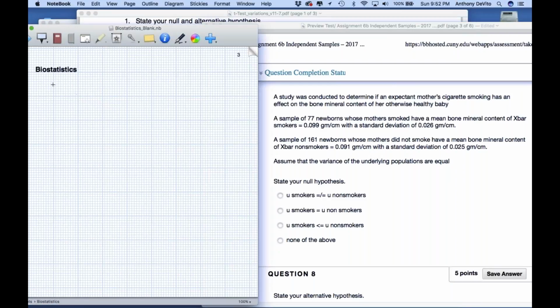Okay, so I got sample 1, right? So x bar 1, I got standard deviation for 1, and I got the sample size for 1. Sample size for 1 is 77. X bar for 1 is equal to 0.099. The standard deviation for the first group is 0.026, and this is for the smokers. Well, how about non-smokers?